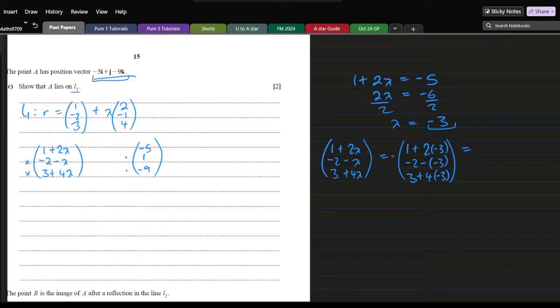Okay, so the first one is 1 minus 6, and that gives us negative 5. The second one is negative 2 plus 3, that gives us a positive 1. And the last one is 3 minus 12, which gives us a negative 9. And this shows that A does in fact lie on L1 because it gave us the correct coordinates.